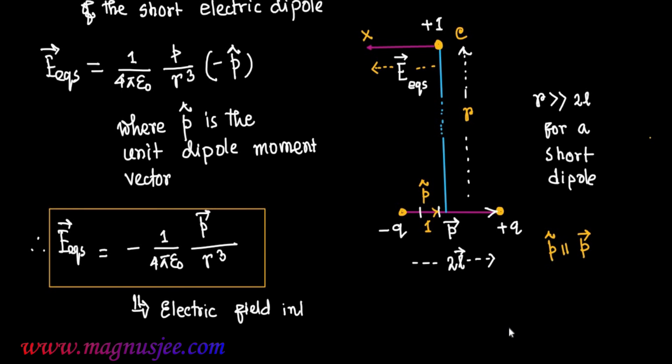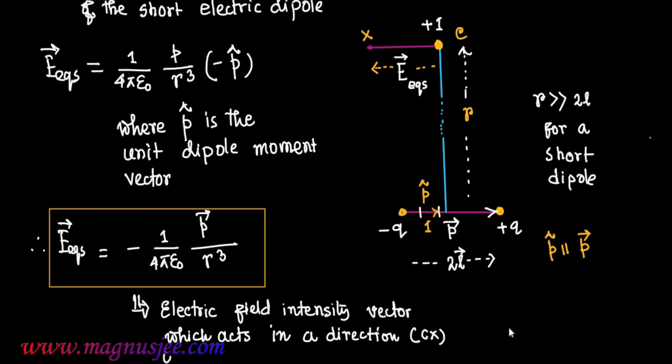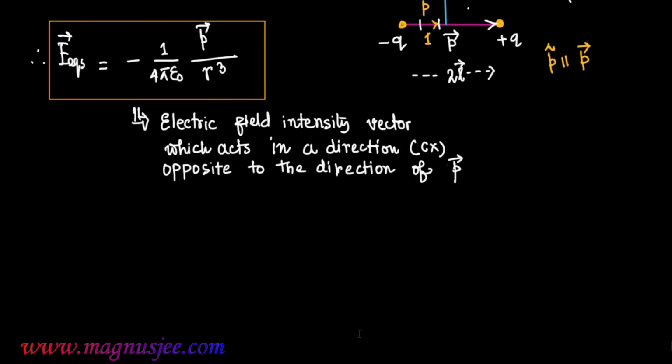This is the electric field intensity vector, which acts along Cx, in a direction opposite to the direction of dipole moment vector P.